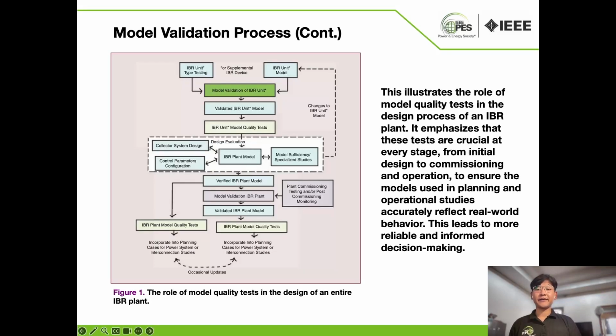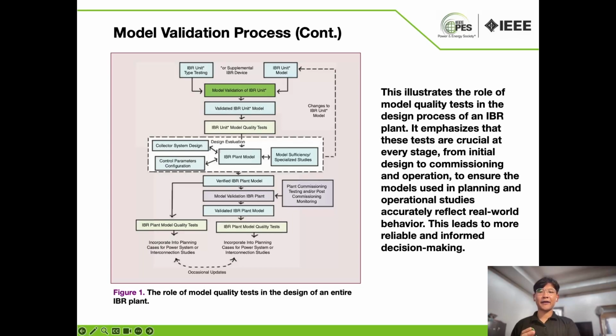This figure describes how model quality testing might fit into the process of designing, interconnecting, and commissioning a new IBR plant. Namely, one round of IBR unit or supplemental IBR device model quality testing, as previously described, might be done briefly by an OEM prior to embarking on the detailed IBR plant design evaluation phase, and with subsequent testing during the timeline of models.